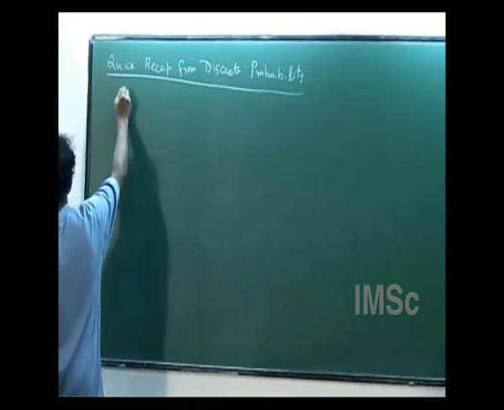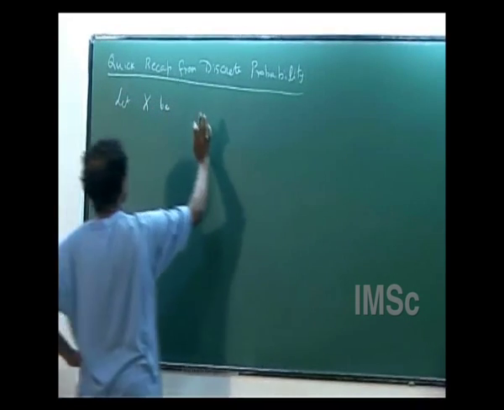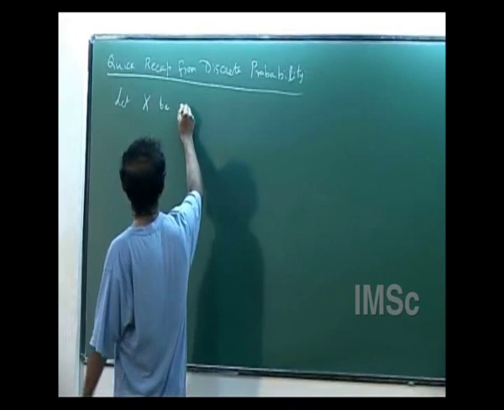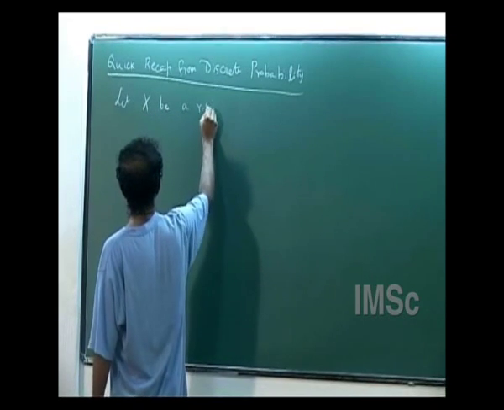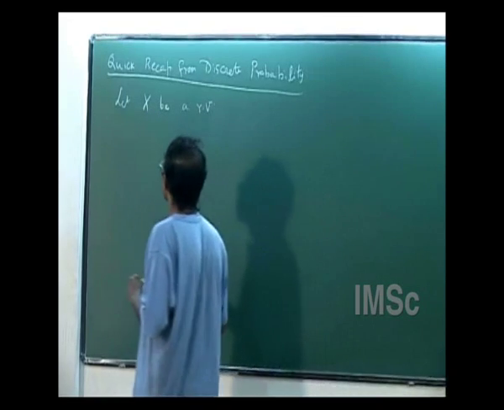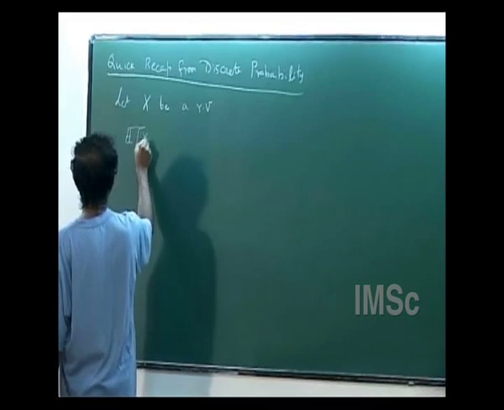Okay, so I'm doing things very informally. No way do I want to give you a full rigorous treatment of discrete probability. Let X be a random variable. By expected value of X, I mean the following.